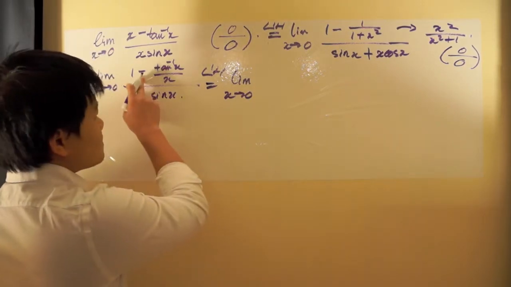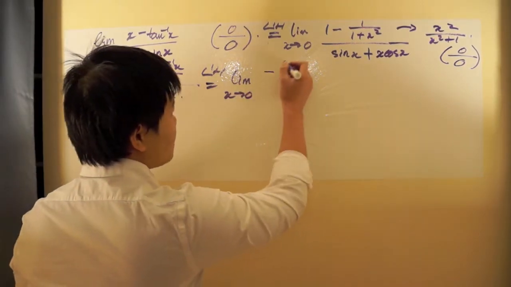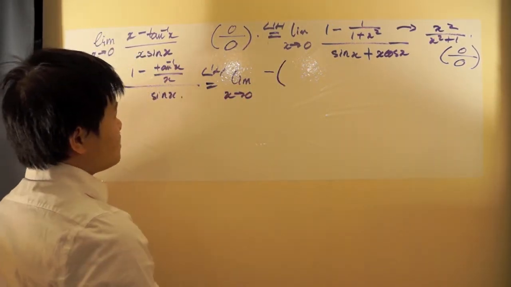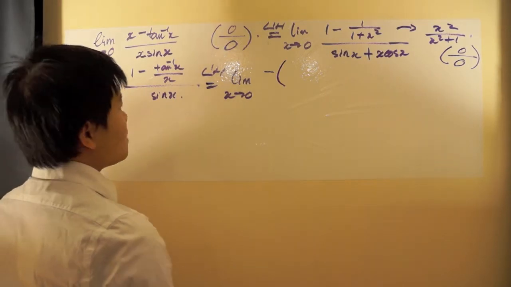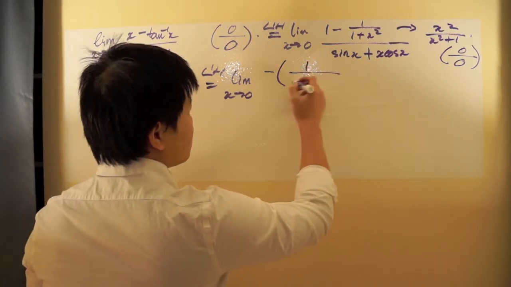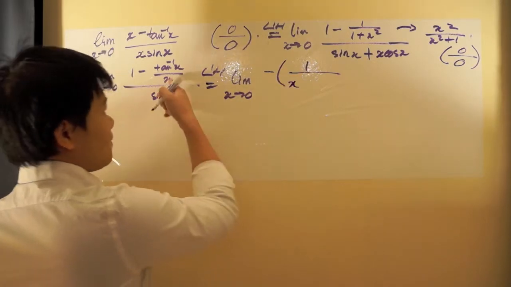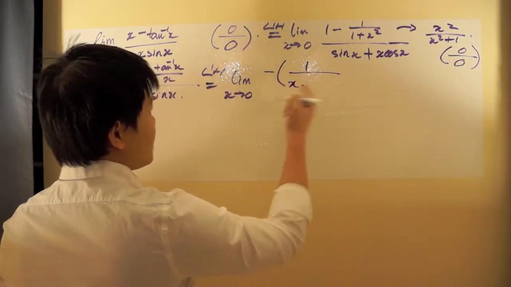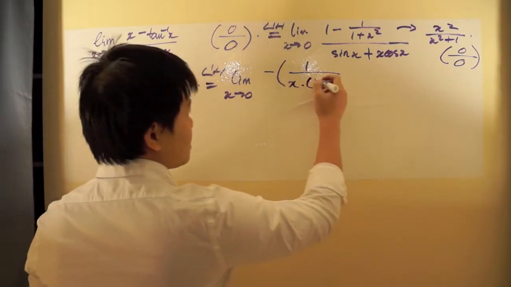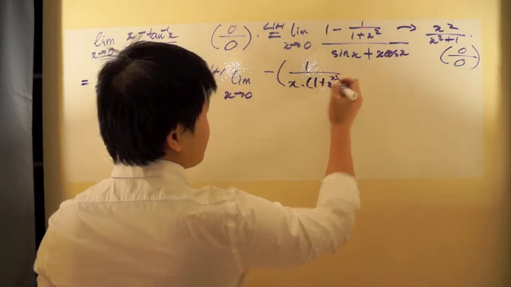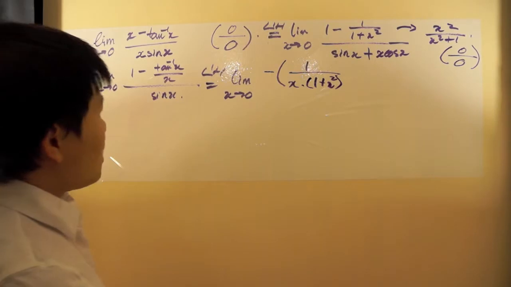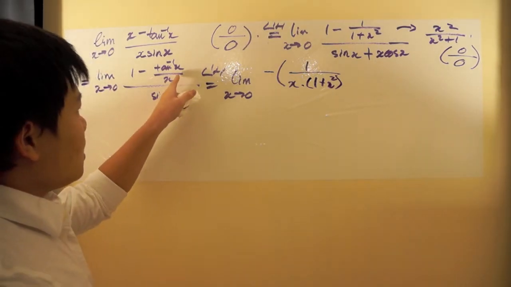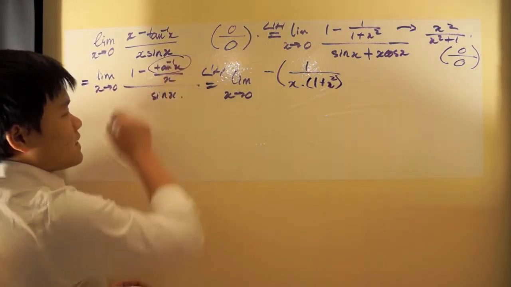What do you have here? This is minus. You can leave the minus sign out here. So the derivative of inverse tangent x will be 1 over 1 plus x squared, and we keep 1 over x, right? So we say 1 over x times 1 over 1 plus x squared. Okay, so this is our first entity.